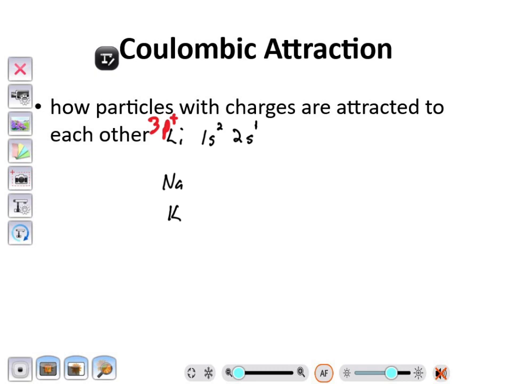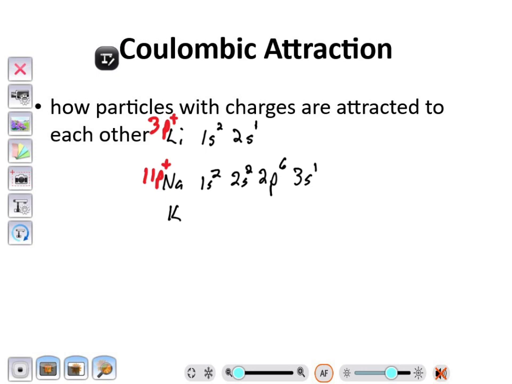Okay? Sodium has how many protons with it? Awesome, cool. So we've got 11 protons right here. It'll have 1s2, 2s2, 2p6, 3s1. That's better. I knew something was off.